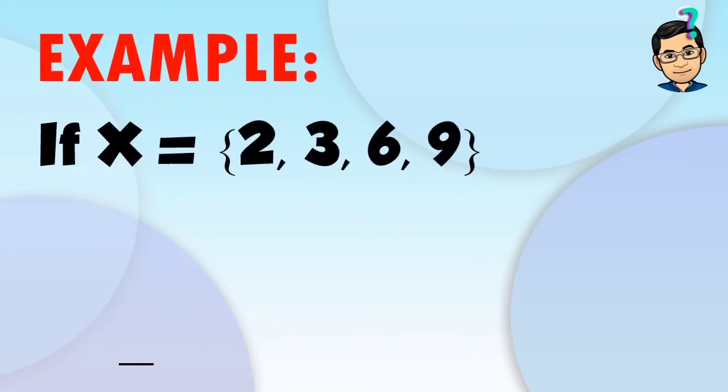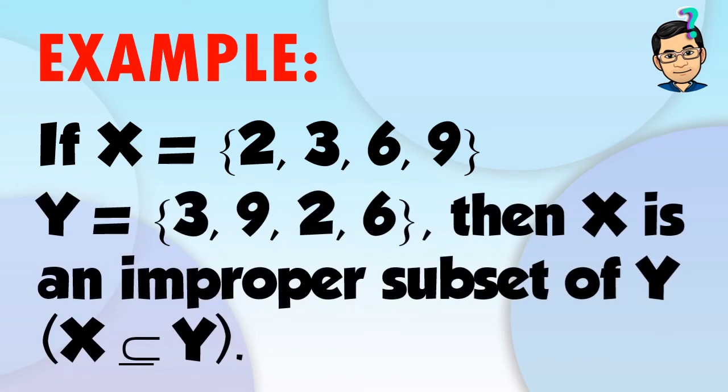If the elements of X are 2, 3, 6, 9, Y, 3, 9, 2, 6, then X is an improper subset of Y. So, kung papansinin natin yung elements ng X and Y, pareho lang sila. Ano lang ang pinagkaiba nila? Yung arrangement nila. So, since pareho lang sila, exact lang yung mga elements nila, we can say that X is an improper subset of Y.